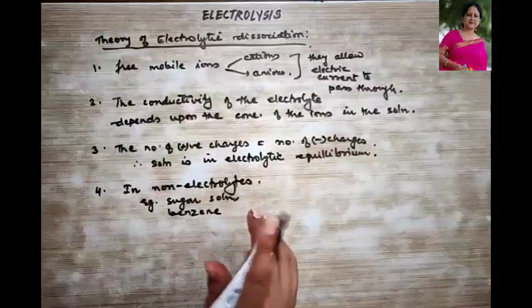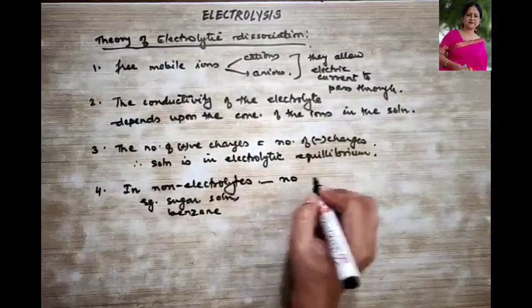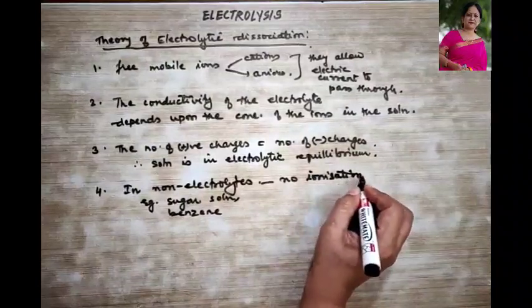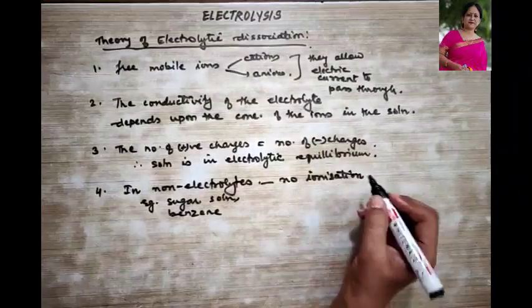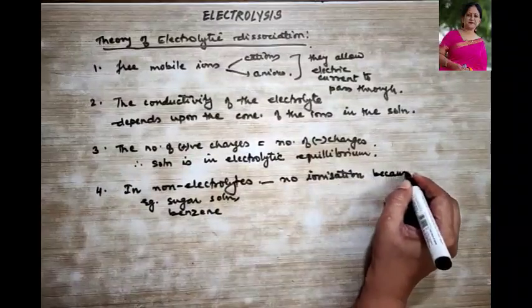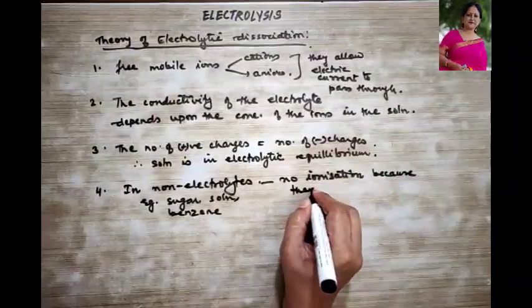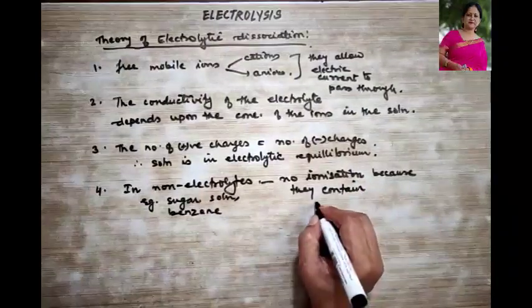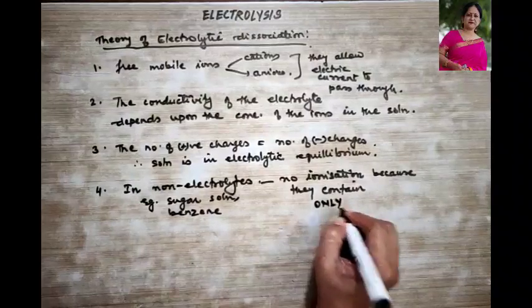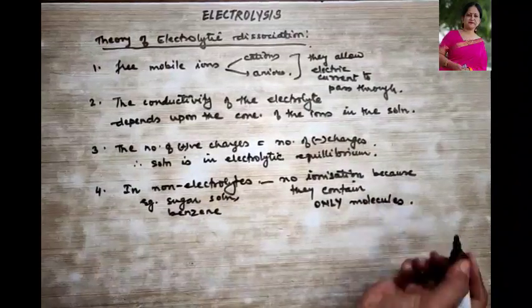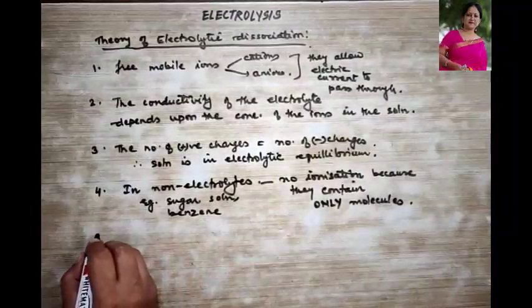Okay, there is no ionization. Why? Because they contain only molecules, and therefore they do not allow current to pass through, right?